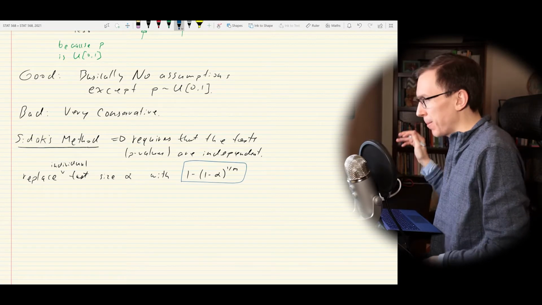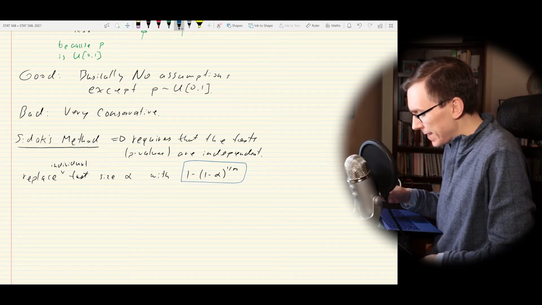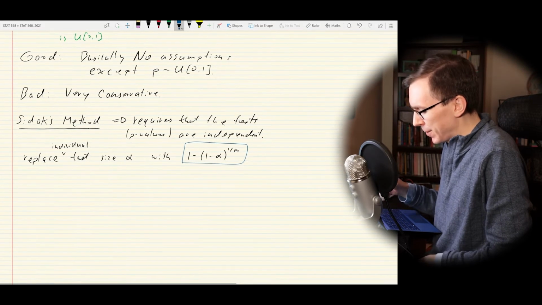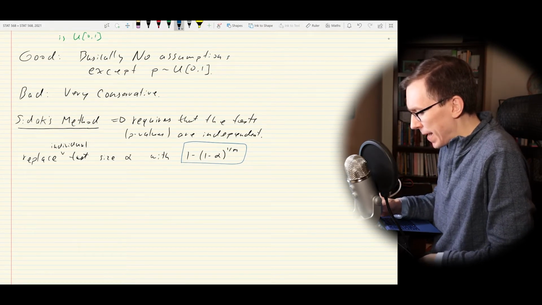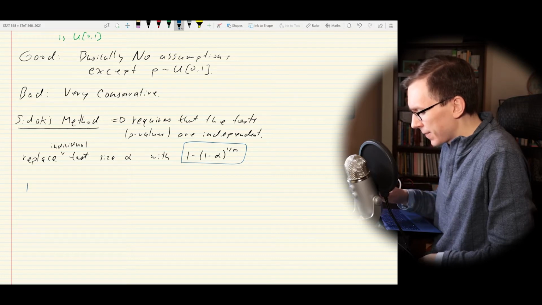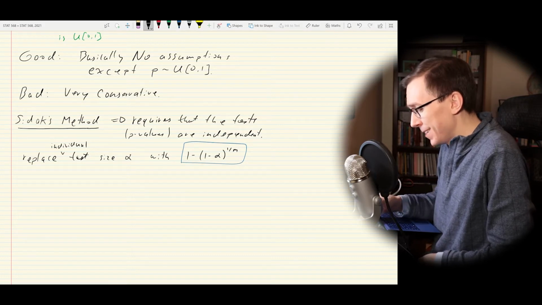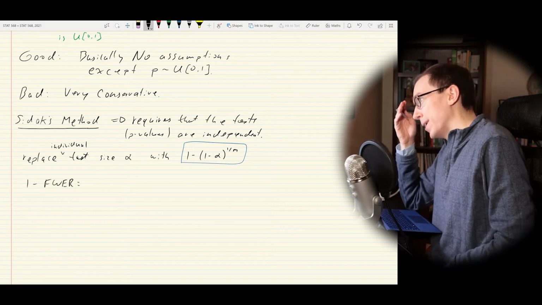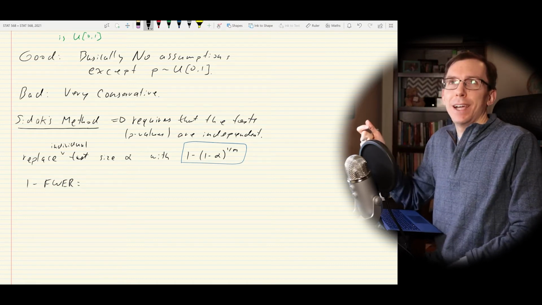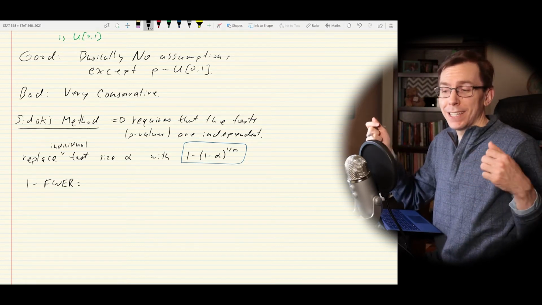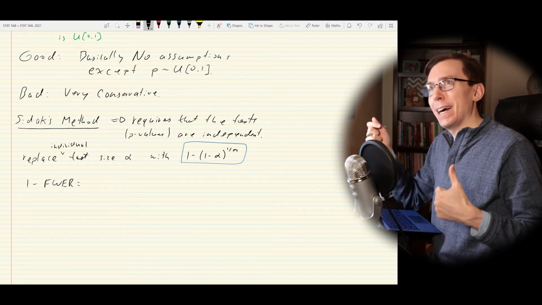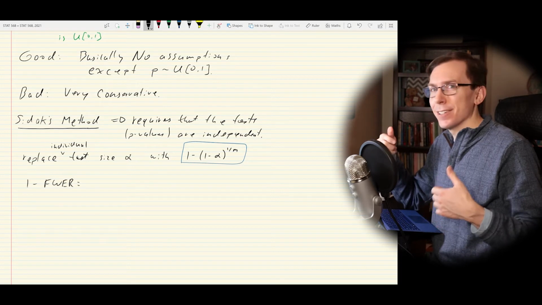So to control the family-wise error rate, in this case, we're going to do a similar equation, but we're going to do it a little bit backwards to what we did with Bonferroni. We're going to start mathematically by saying, let's switch back to black, that 1 minus the family-wise error rate. Well, what's that going to be? If the family-wise error rate is a union, the probability that we get at least one false positive, then 1 minus the family-wise error rate is going to be an intersection.